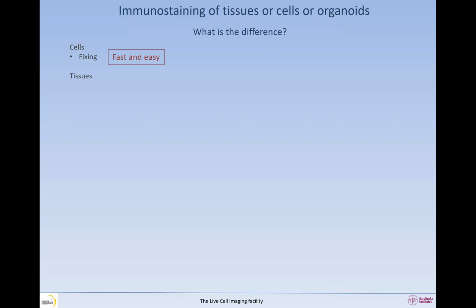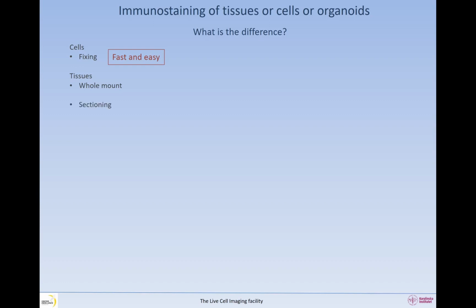Now, depending on your scientific question, how precious your sample is, and what kind of microscope is available, one can decide to use either a whole mount, the whole tissue as it is, or to section the tissues.